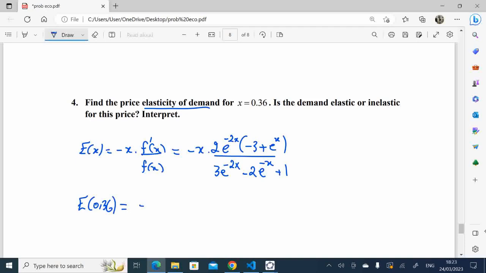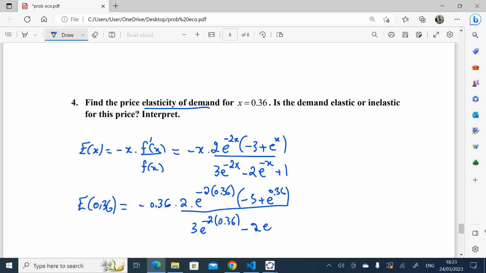So it will be minus 0.36 multiplied by 2e^(-2 times 0.36) times (-3 plus e^0.36), over 3e^(-2 times 0.36) minus 2e^(-0.36) plus 1.